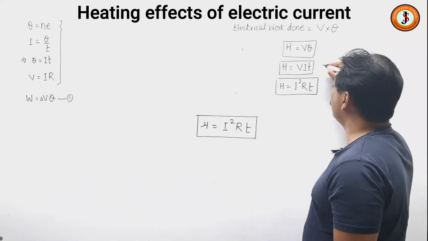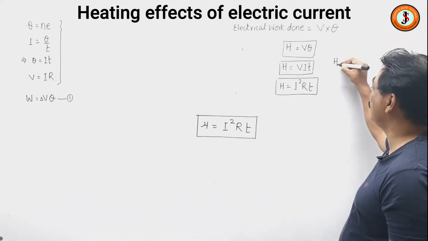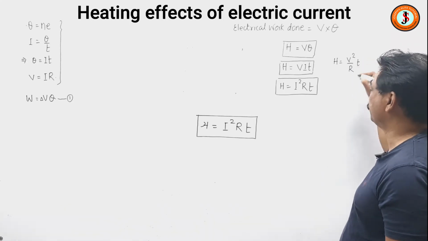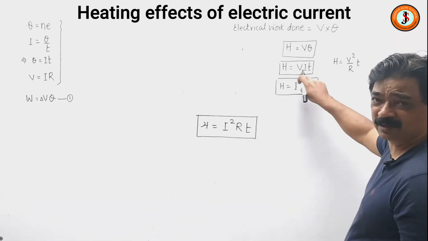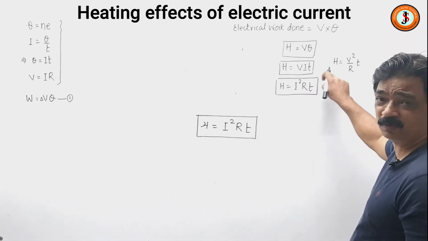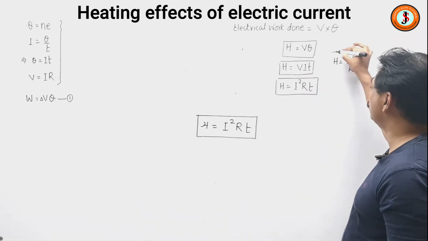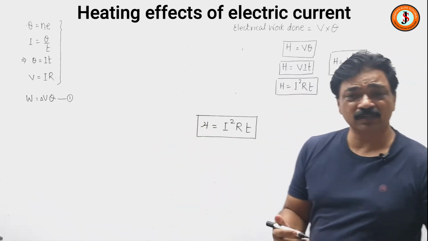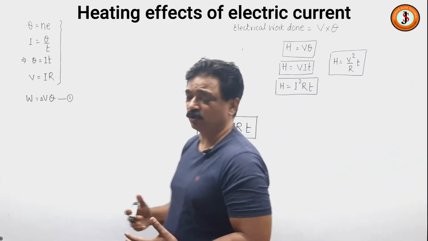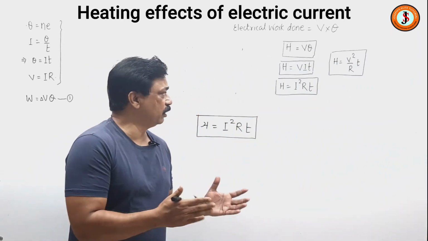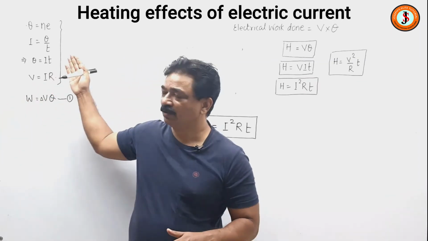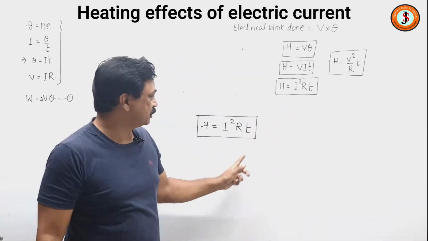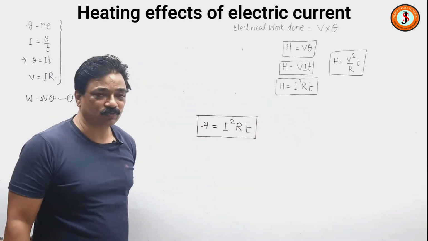However, if you wanted to change I as V by R, then heat produced will be equal to V square by R into T. See, V is here and I is equal to V by R, so V square by R into T. So these few equations are very handy, though if you know these things you can always get to these equations on your own by placing in the formulas used from here to here. So see, we are getting the same thing, heat produced is equal to I square RT.